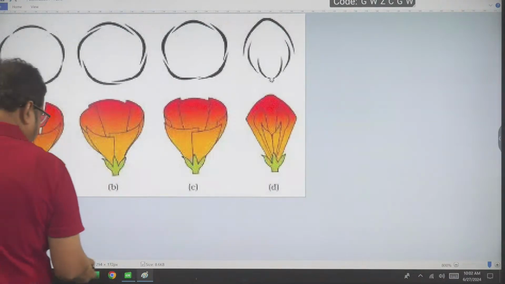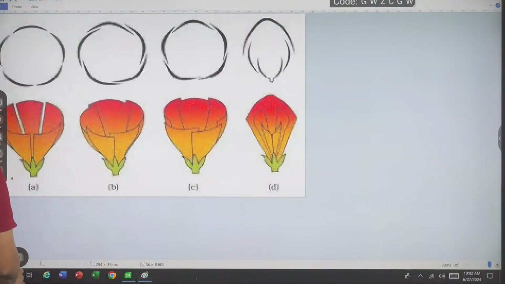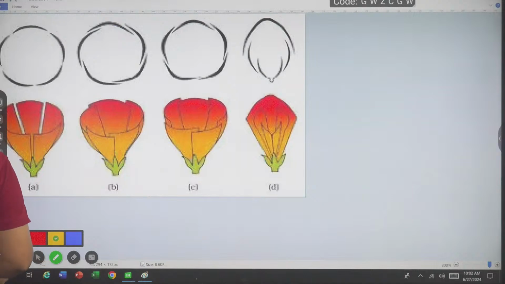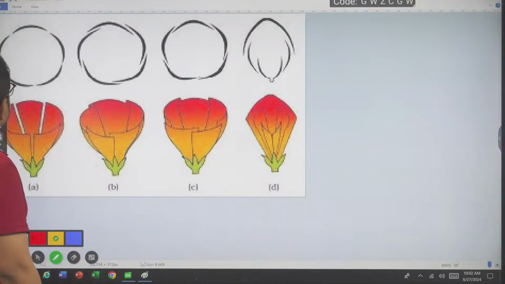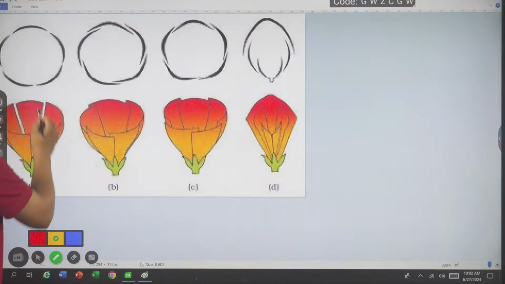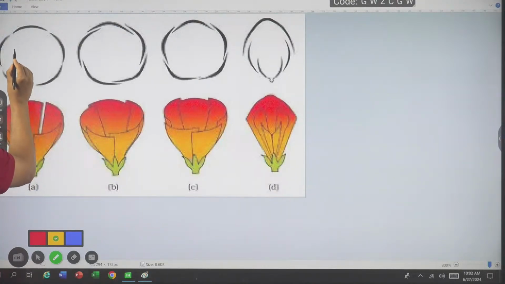Look at this diagram. This is the ray diagram, this is the actual diagram. If you see this ray diagram, this is the ray diagram of which kind of aestivation? Valvate.